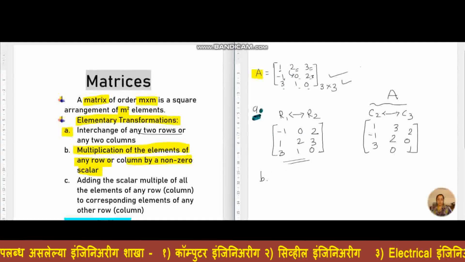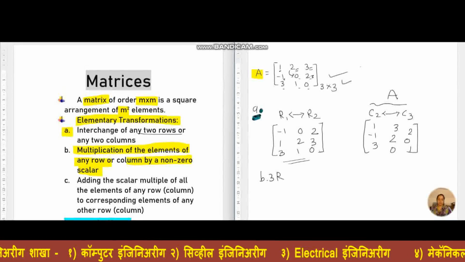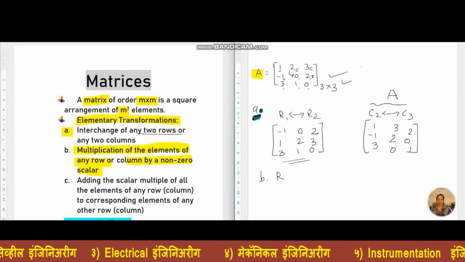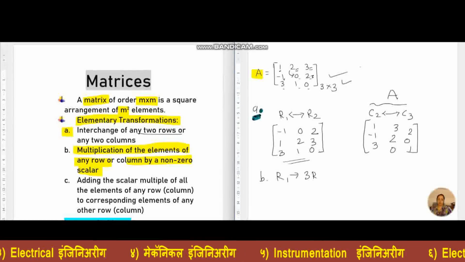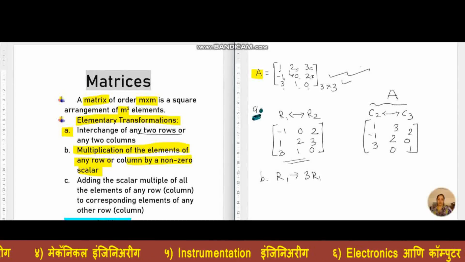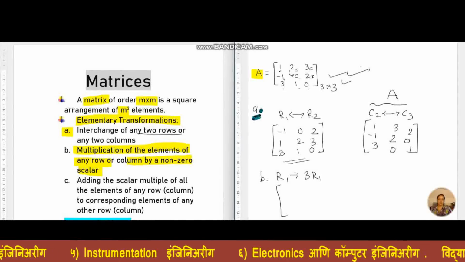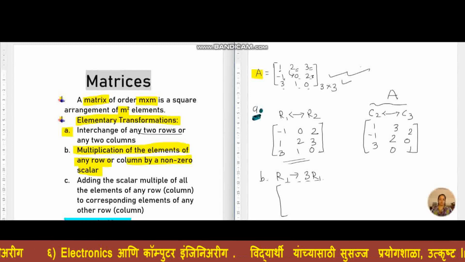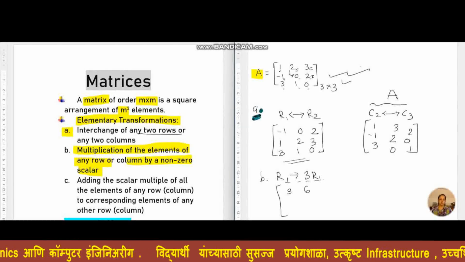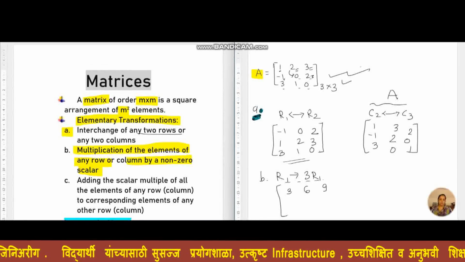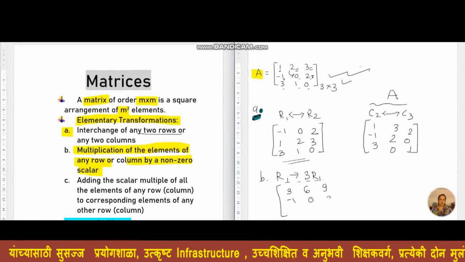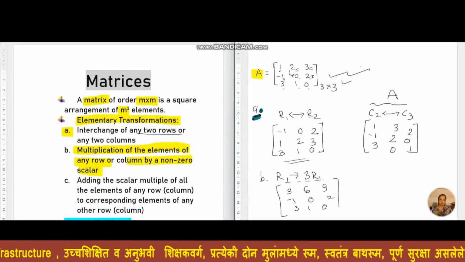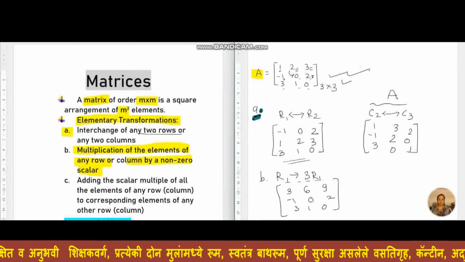So if we consider the operation R1 changes to 3 into R1 in matrix A, we multiply each element of R1 by 3. So 1 into 3 is 3, 2 into 3 is 6, 3 into 3 is 9. Remaining elements are as they are. This is the second elementary transformation.